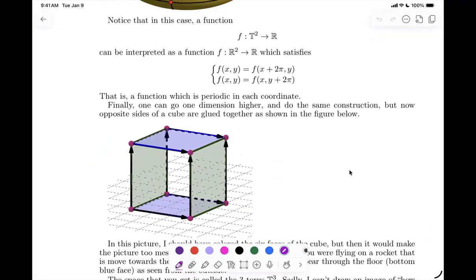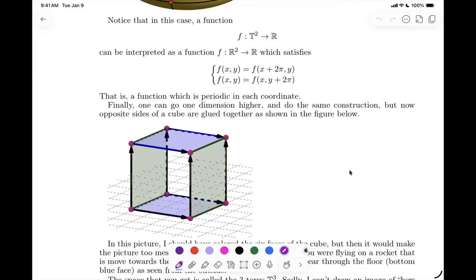What I was going to say is that in this picture, I should also have colored the opposite faces. Otherwise it looks messy. It really is like a cube where you glue together the faces that are opposite to one another.